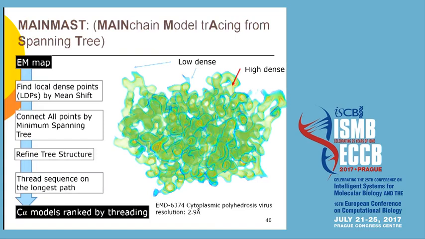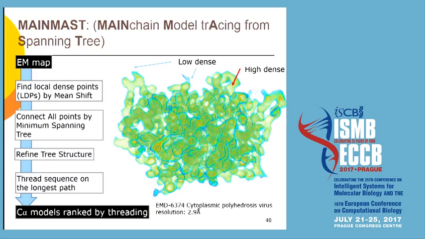So this is the outline of how MAINMAST works. First, we have the EM map, which has high density regions, and these blue regions are the low density regions. In this example, the EM map is solved at 2.9 angstrom, which is very high resolution. Nowadays, there are also much higher resolution structures deposited to EMDB, but I use this as an example to explain how it works.